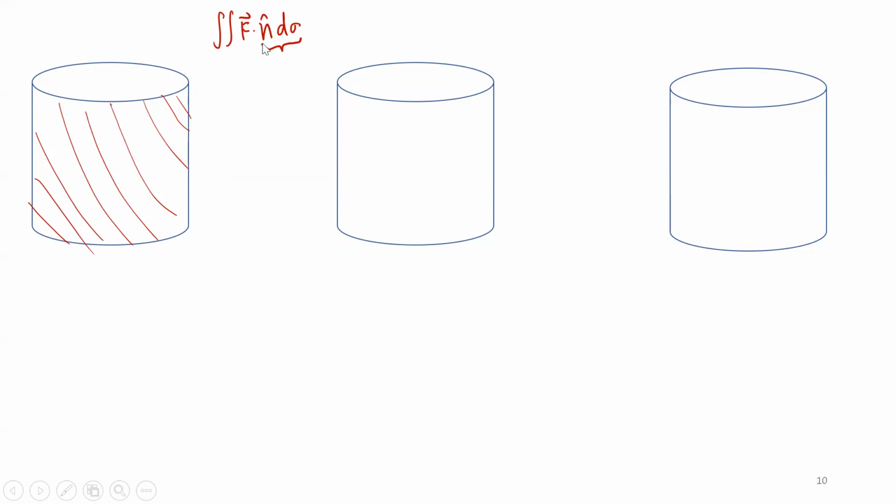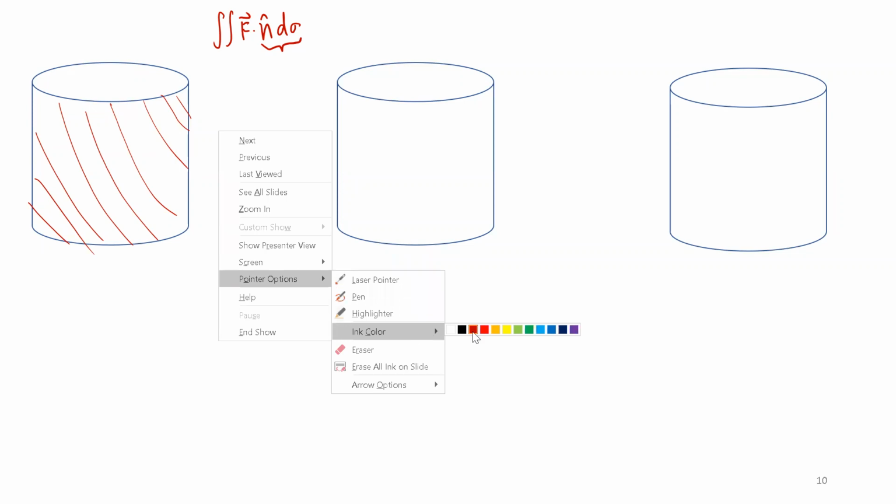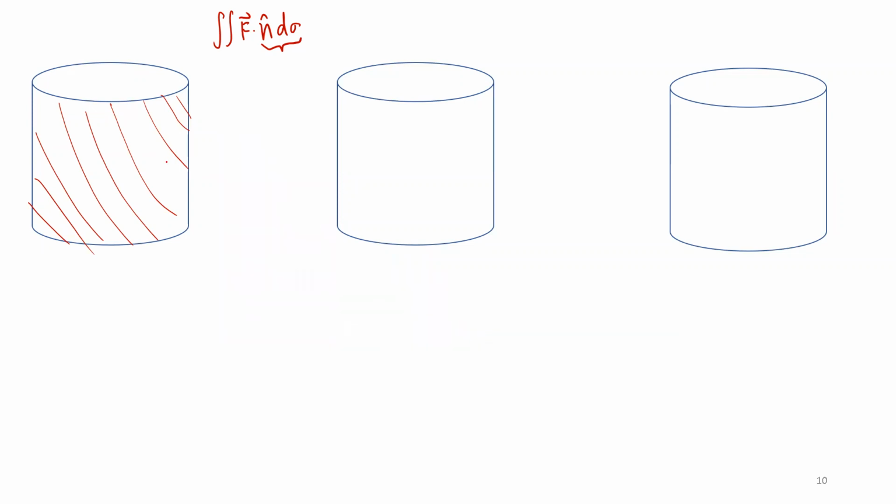The n hat is the unit vector that is pointing normal, perpendicular to this curved part. Of course, that is a vector that looks like this, and that is just rho hat, the rho hat in cylindrical coordinates.